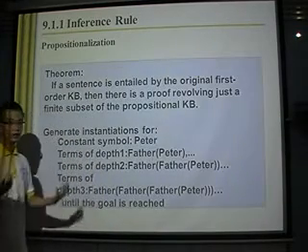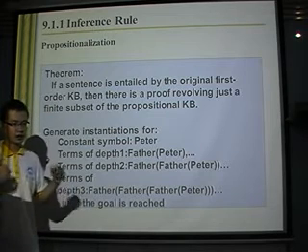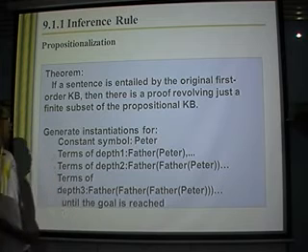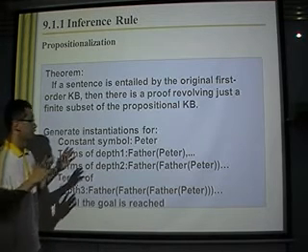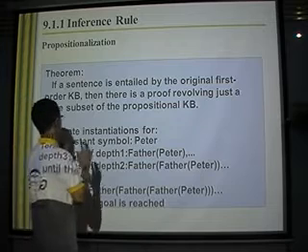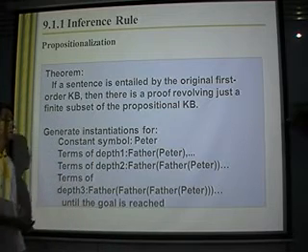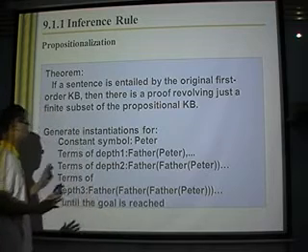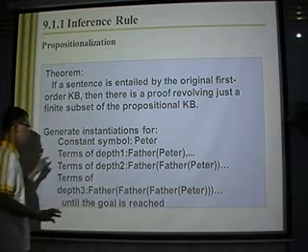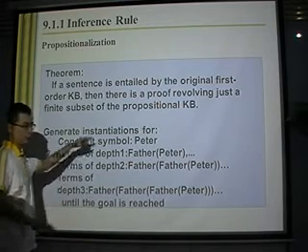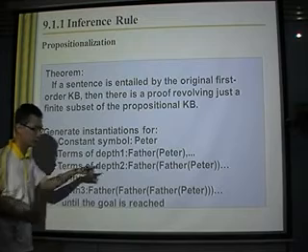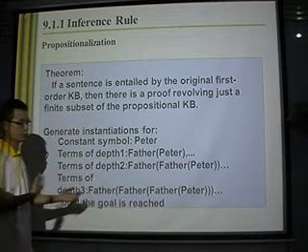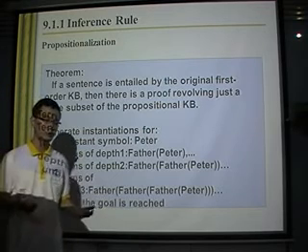But even for such a knowledge base, for each sentence that is entailed by the original first-order knowledge base, there is a proof involving just a finite subset of the propositional knowledge base, which means when we are trying to generate a proof for a query, we can first apply the constant symbols, and then we apply the terms of depth one, which means we apply the function symbol once, then we apply the function symbol twice with recursion, etc. This process repeats until the query is reached.